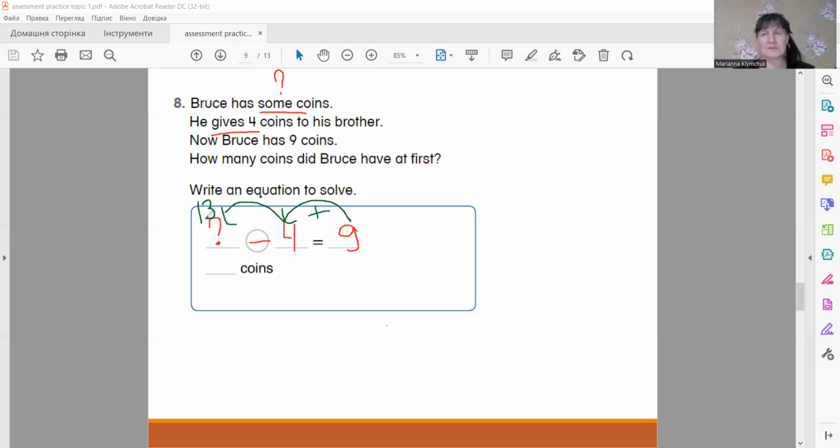This is the rule. When the first number is missing, you go back and do addition. Go back and do addition and find your missing number. Don't overthink where to take it from. Just go back, do your plus. Use your fingers, do plus. Okay?